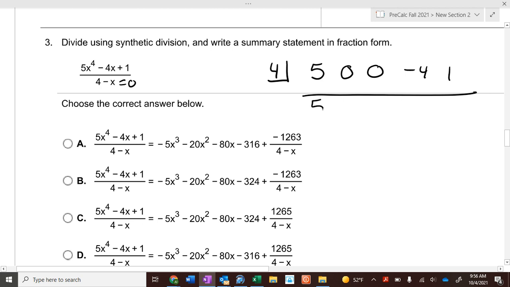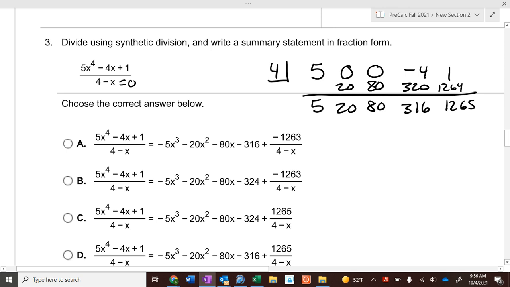Zoom. 5 gives us 20, gives us 20, gives us 80, gives us 80, gives us 320, gives us 316, gives us, I have no idea, 1264, 1265. Am I right?